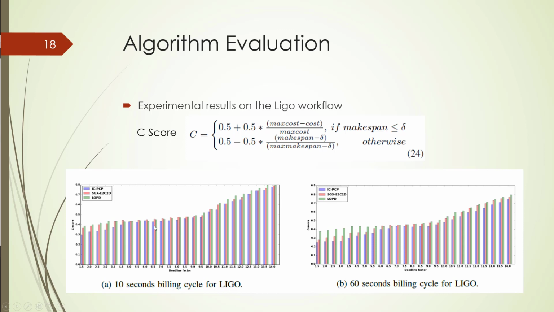For most of the seconds here it is better, but the performance will be shown much more with more time. As you can see, in the 60-second billing cycle, it means if the data is bigger and the workflow is heavier, the LPOD algorithm is by far better than the other SGX and the IC-PCP algorithms.